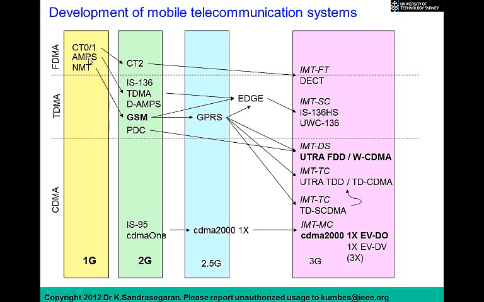And so a lot of the operators, for example, in the case of Telstra, would have followed the path of having AMPS in the 80s, replaced by GSM in the 90s, and GPRS around 98, and around 2000 they started launching their wideband CDMA networks, and subsequently we had fourth generation mobile communication systems in 2010.